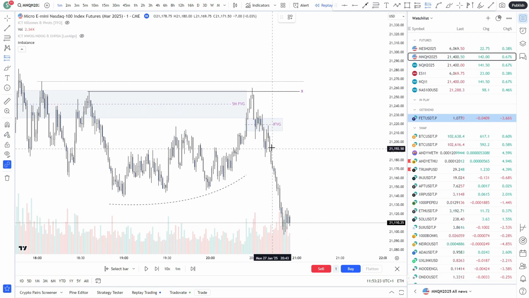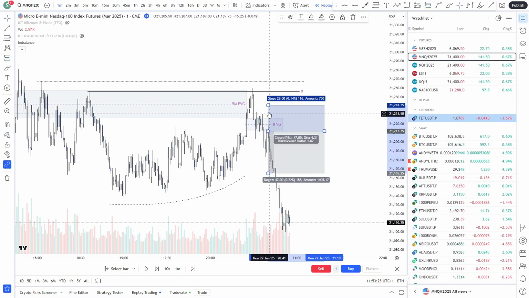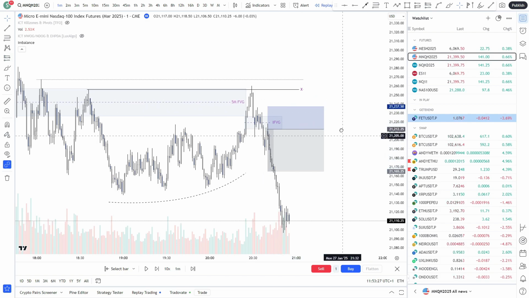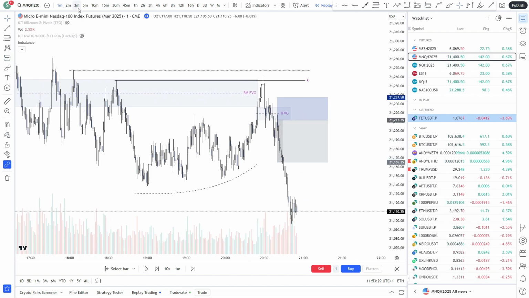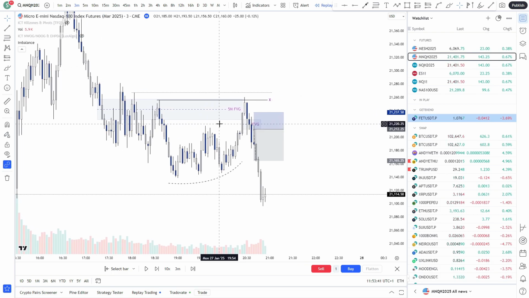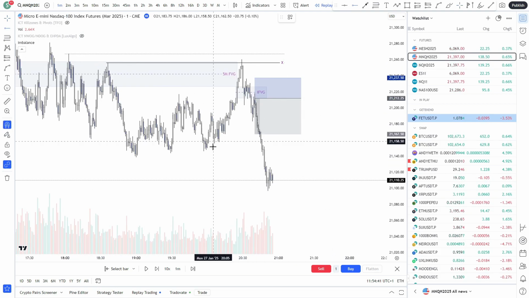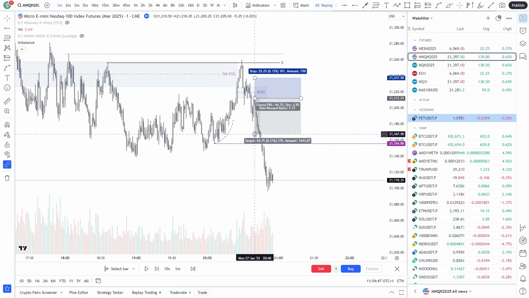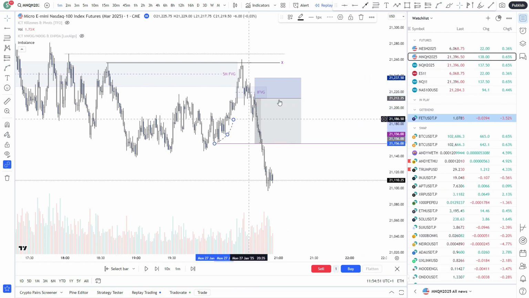After we lose the fair value gap, I just place a limit order over here. I don't market this gap because it's also a 3-minute fair value gap, and most of the time you will get a retest on bigger time frame gaps like this. Order got hit. My first take profit was at the end of this liquidity trail over here. 1, because it's the end of the liquidity trail, and 2, because it's a good risk to reward.